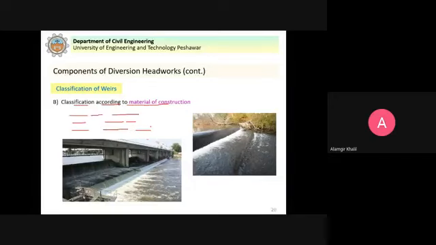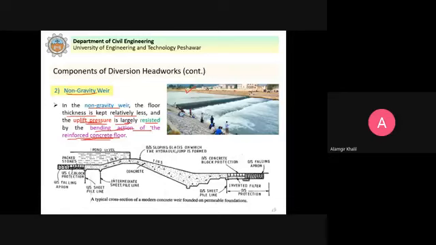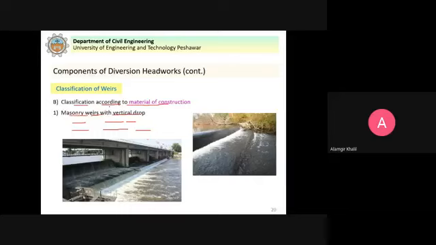Just like you saw here, this is the sloping glacis. So this is the classification according to material of construction. Let us briefly discuss these.